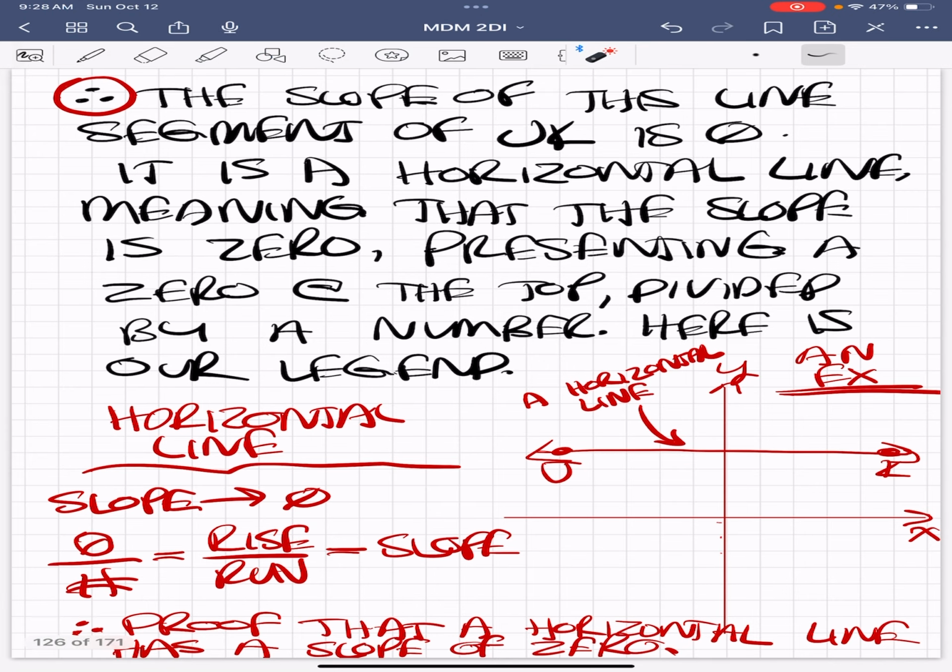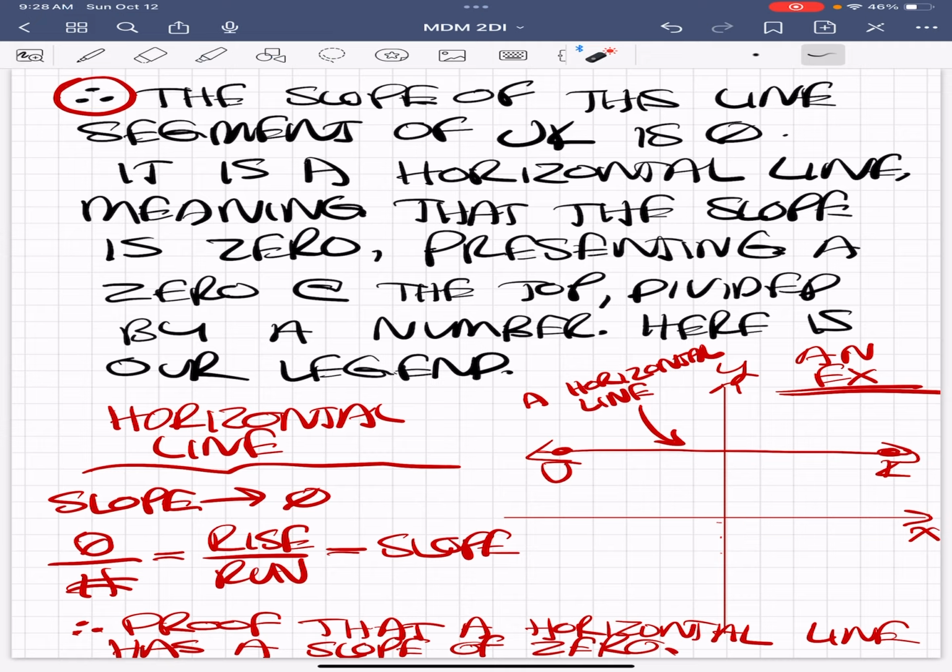The slope of this line segment JK is 0. It is a horizontal line, meaning that the slope is 0, presenting a 0 at the top divided by a number. Here is our legend. So again, we have an example of a sketch of a graph. We have J and K. We have a horizontal line.